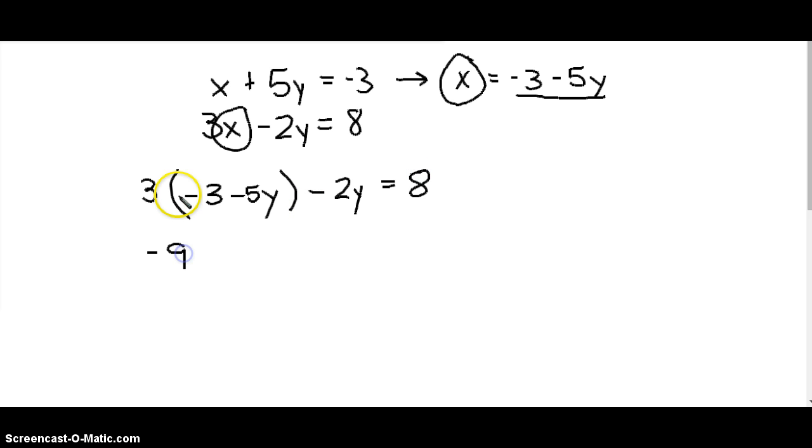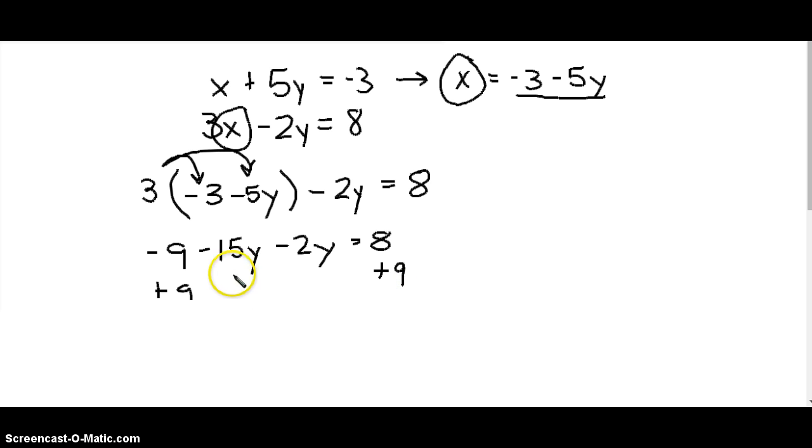We get negative 9 minus 15y minus 2y equals 8. I'll add 9 to both sides and combine my terms. So I get negative 17y equals positive 17. Divide both sides by negative 17. I get y equals negative 1.